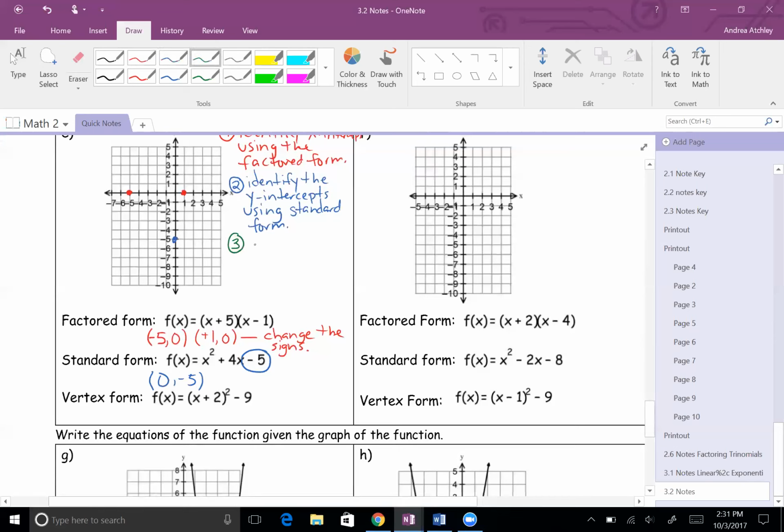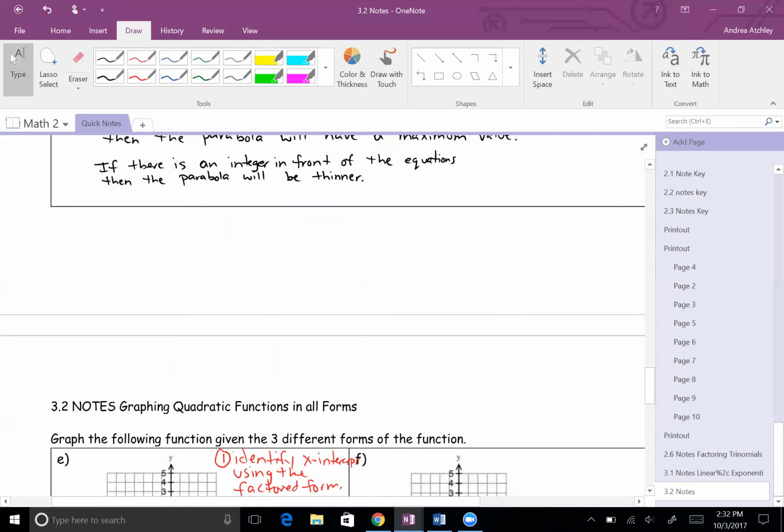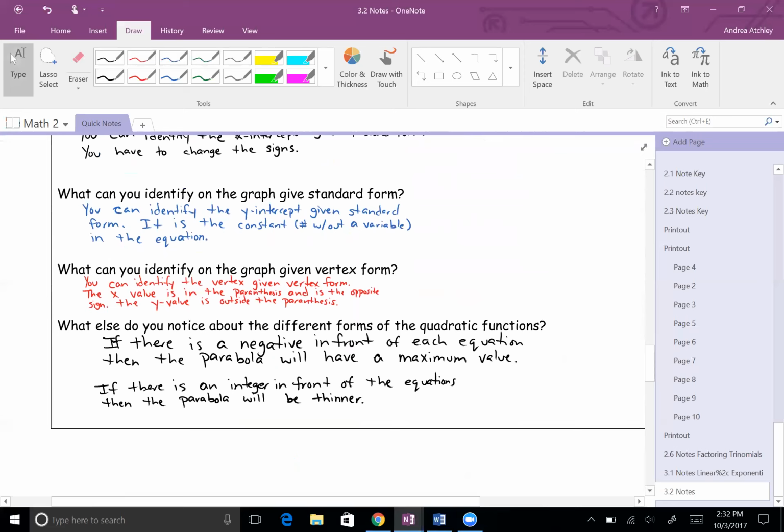Finally, I'm going to identify the vertex using the vertex form. And back up here, we said you can identify the vertex given the vertex form. The x value is in parentheses and is the opposite sign. And the y value is outside the parentheses.